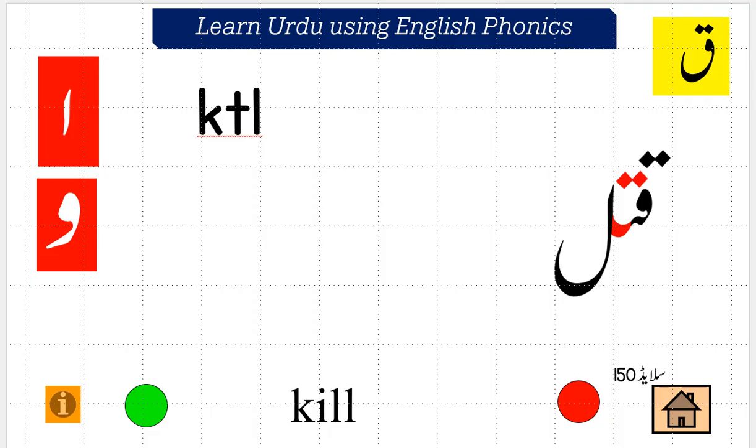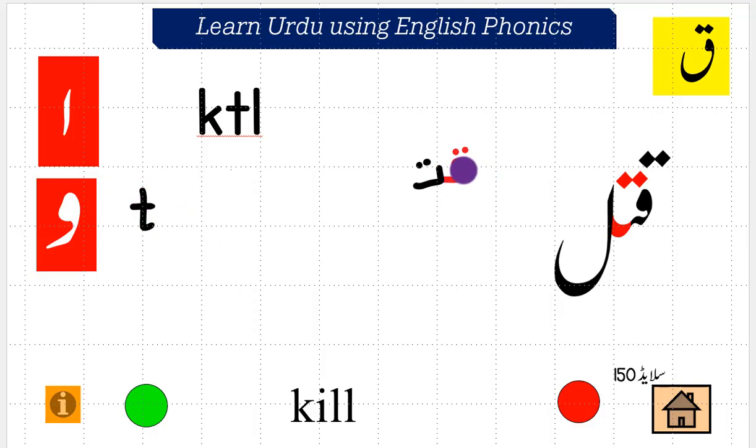Okay, let's move on to blend the new word. I have got a new word over here. What's the first sound? Ka. Okay, two dots up, ka. Now I have got another sound with two dots up. I have told you what this sound is. This is the sound ta, soft ta.